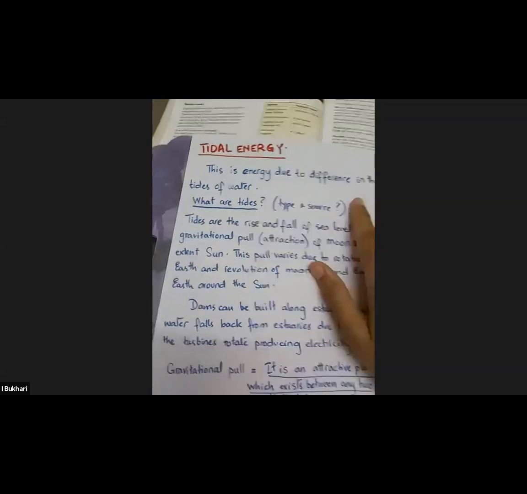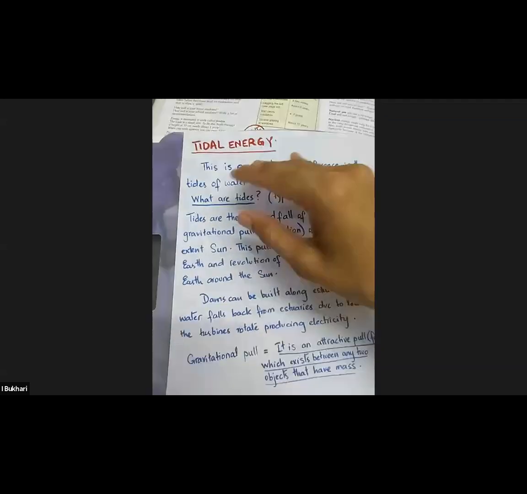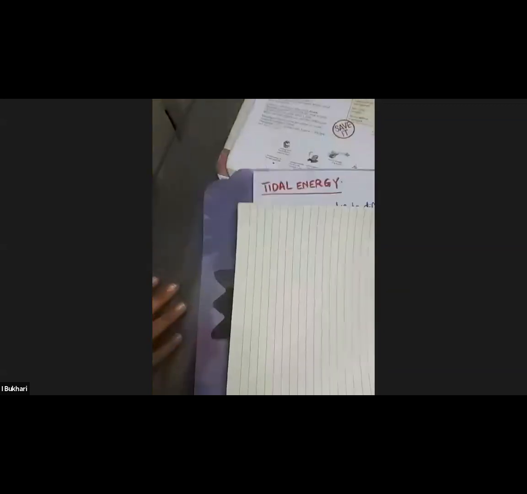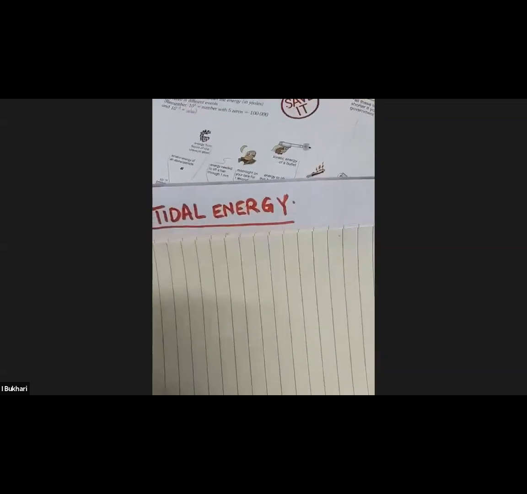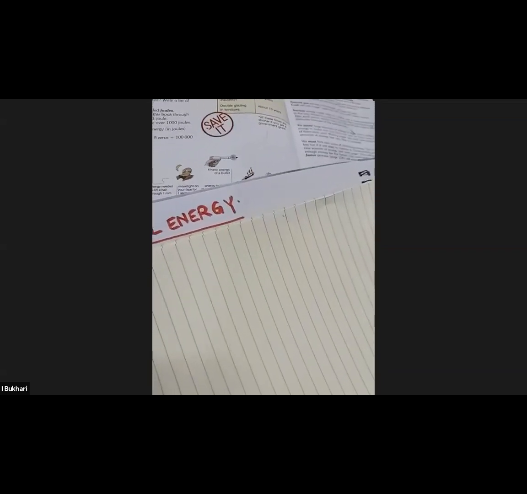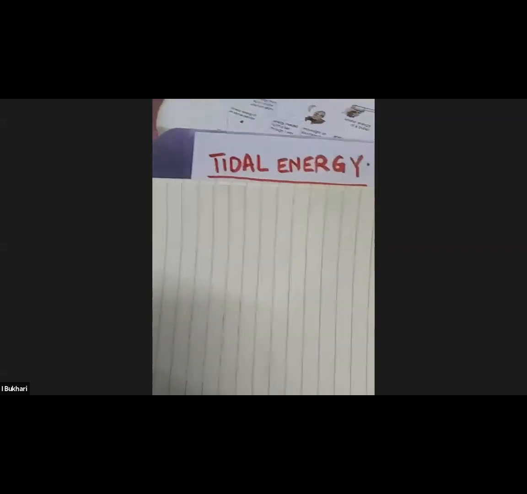Now, tidal energy. Let's talk about tidal energy. We just talked about wave energy, and now this is tidal energy. What's the difference between the two? Wave energy is calmer than tidal energy, like tidal energy has more force, you're saying. No, that's not the difference.